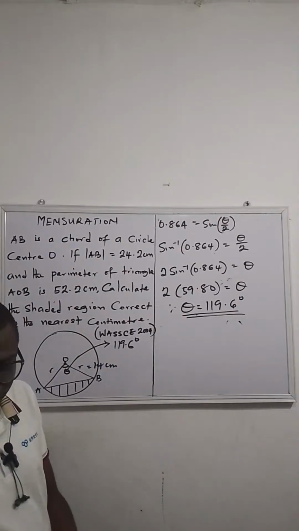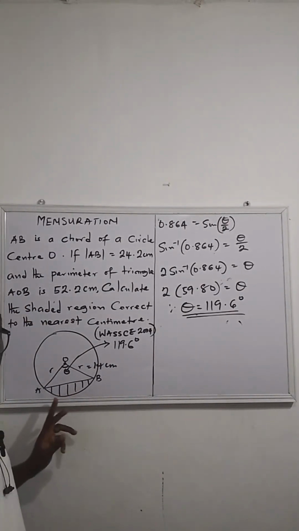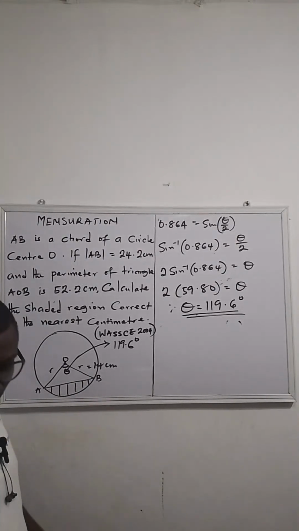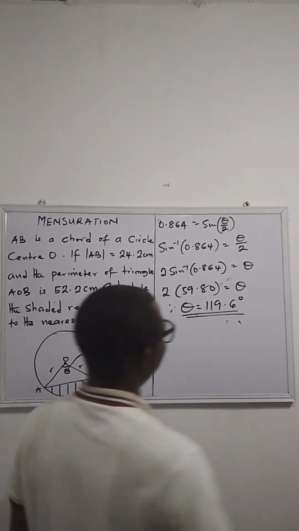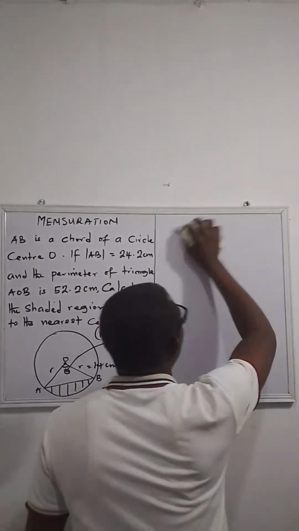So now the next thing is to find the shaded region, that is the segment. I hope you remember the formula for calculating the segment of a circle.